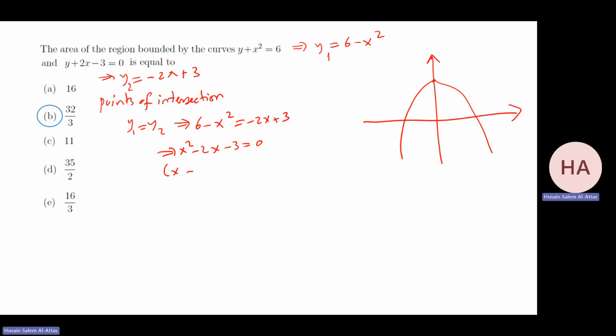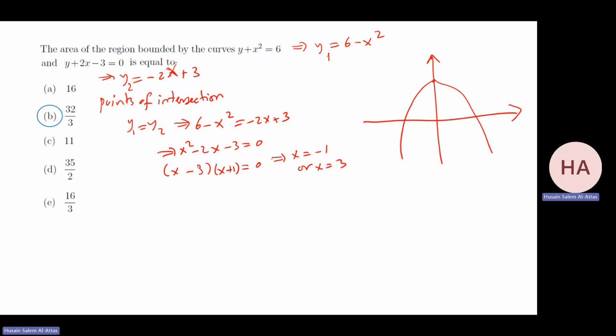I have x minus 3, x plus 1 equals 0. So x equals minus 1 or x equals 3. These are the points of intersection.